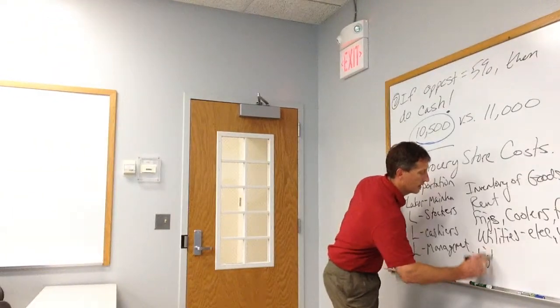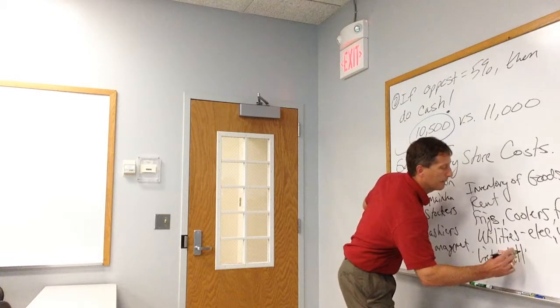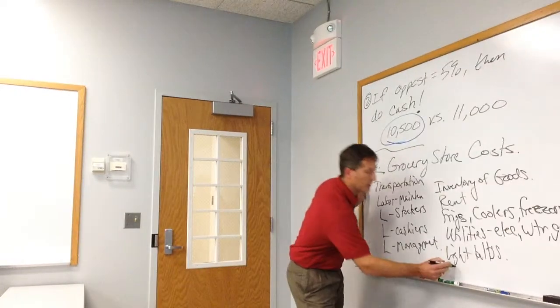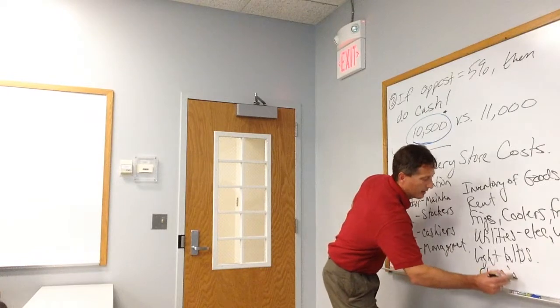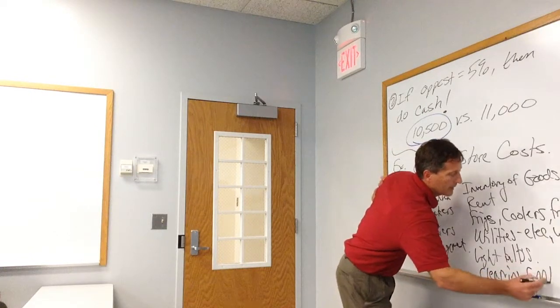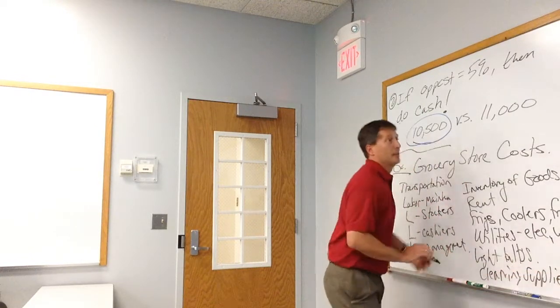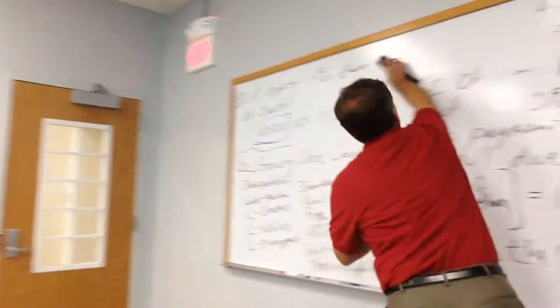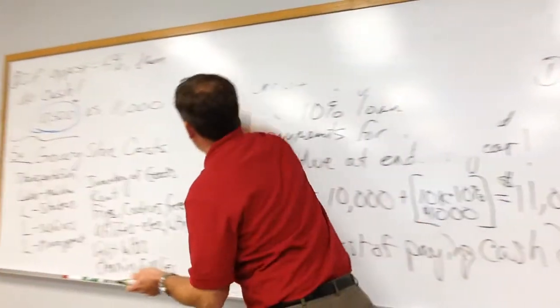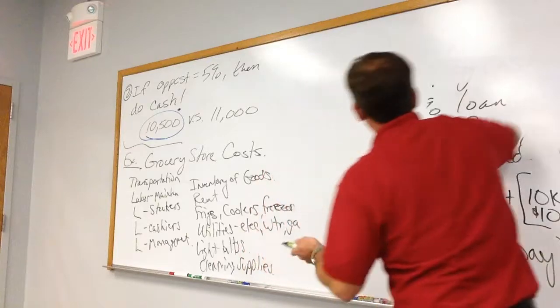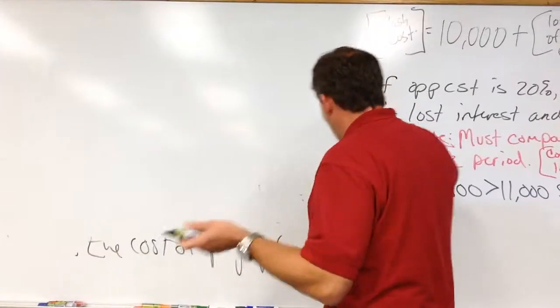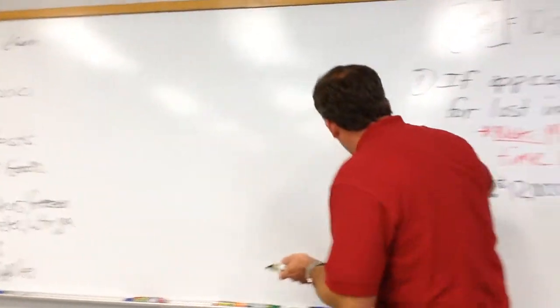Okay. What else we got? Cleaning supplies. What do you mean by technology? Let's get that a little more specific to a grocery store. Cash registers, okay? Yeah, we check in the inventory and it goes in the cash register. Those little inventory gizmos, little iPad-looking devices.